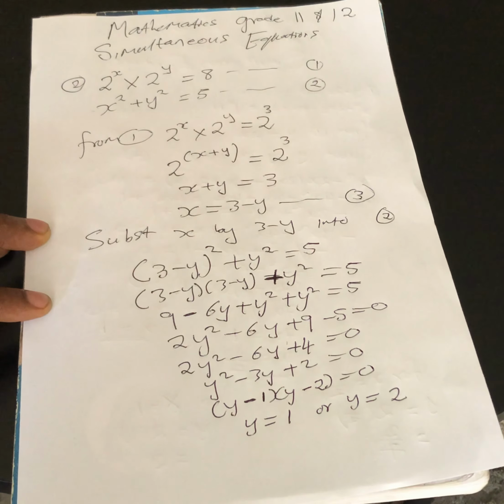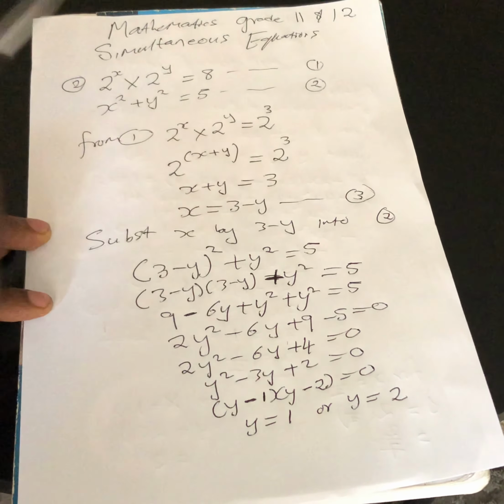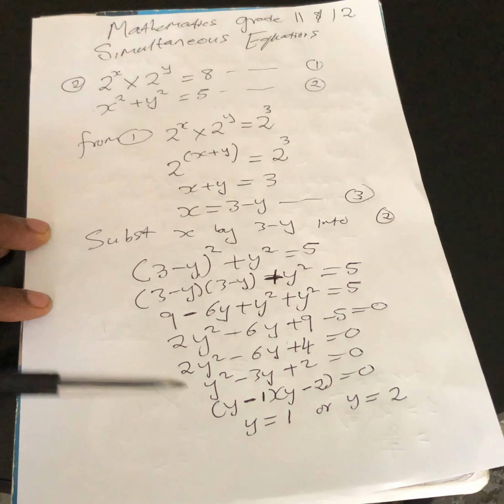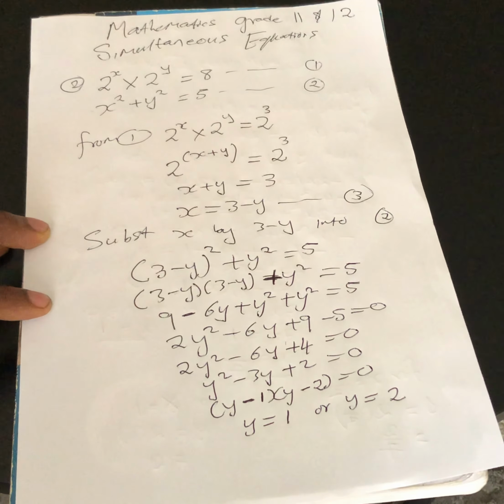So the next step is to solve the value of x. For you to solve the value of x is very simple. We are just going to use equation number 3, which says x is equal to 3 minus y. You just have to replace y by 1 and you replace y by 2 to find the value of x.